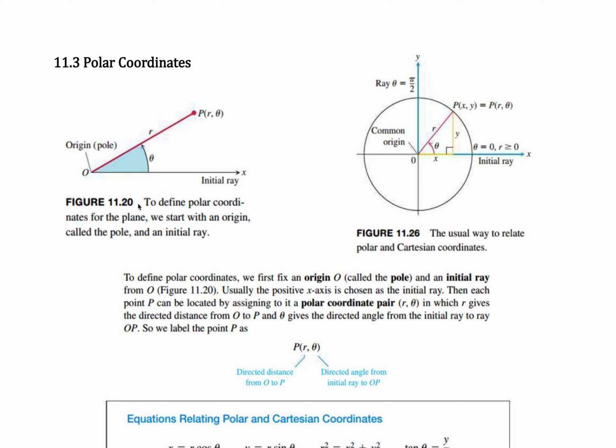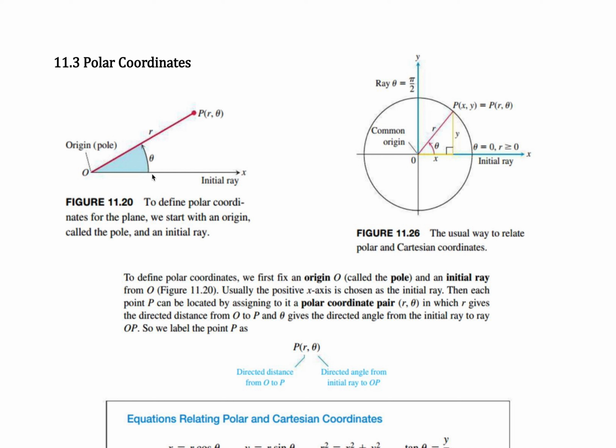Then to define a point, and in this case, I've got the point labeled as P, instead of it being given an x and a y coordinate, so just a distance horizontally and vertically from the origin, it's given a point in terms of r and theta.